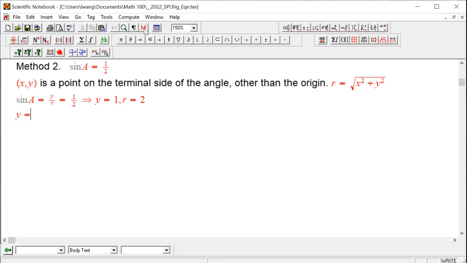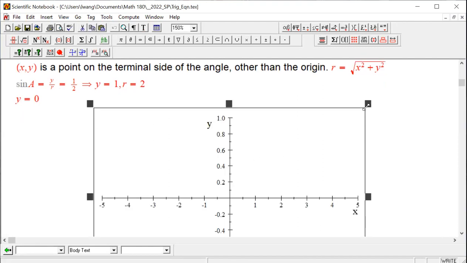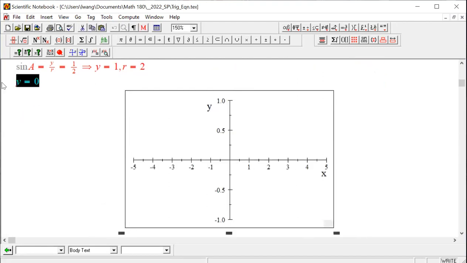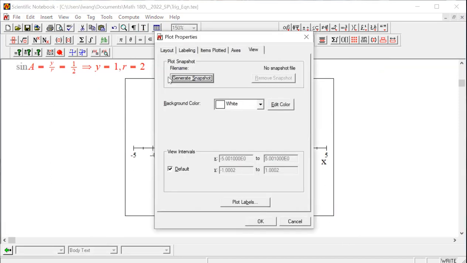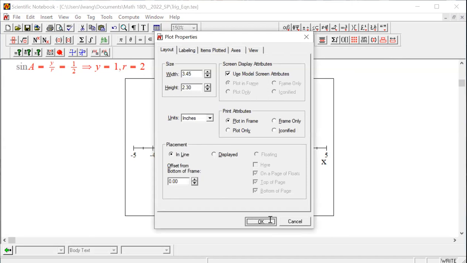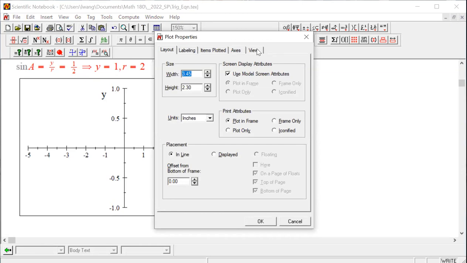Let's draw a rectangular system. We go back to the definition. The definition is really our fundamental. When we go back to it, you will find you always have a way to deal with these questions.